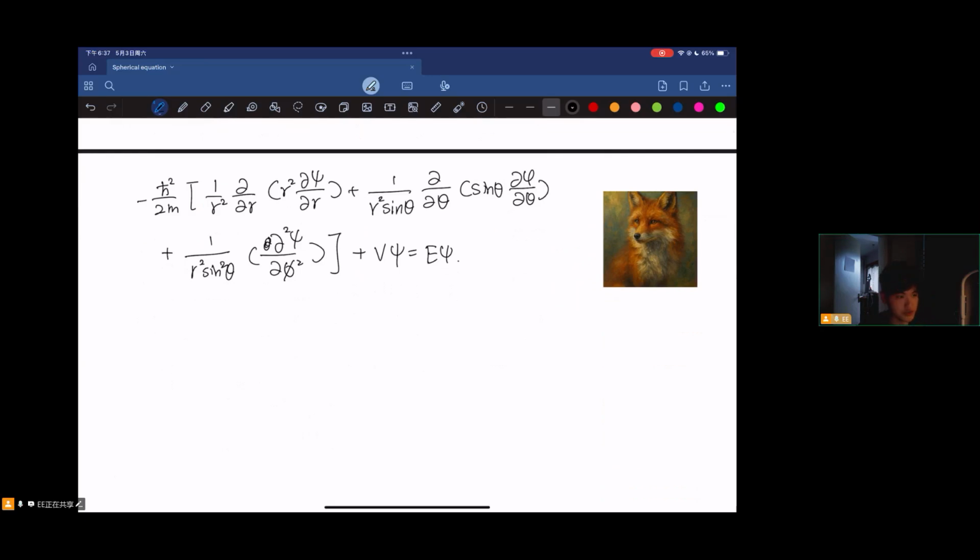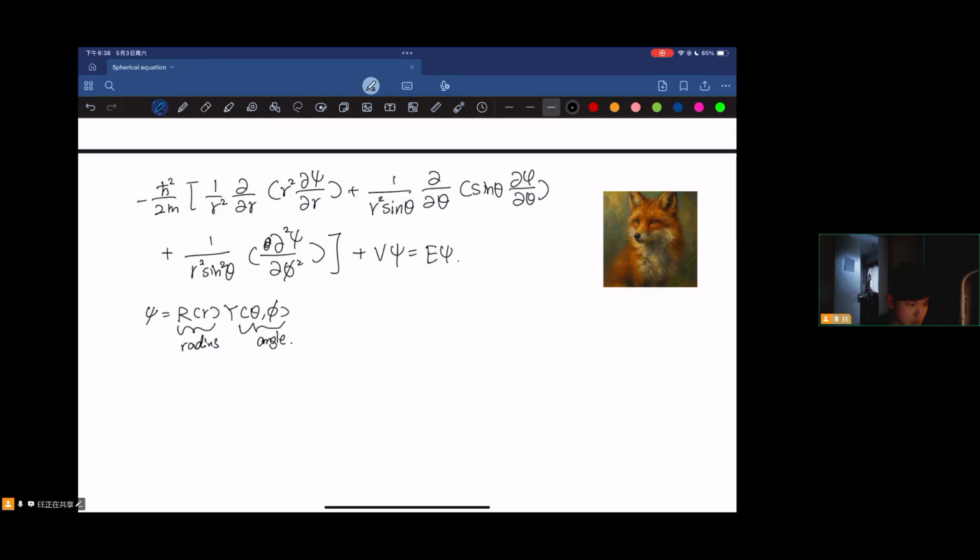First we assume the wave function can be separated into two parts. The first is the big R and the second is the big Y. The first part is the radius part and the second part is the angle part. So here is an assumption.